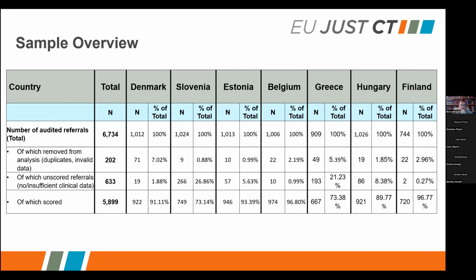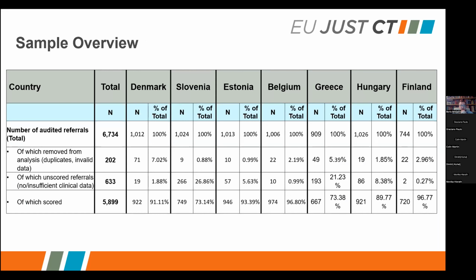And basically, we collected in the end, and this is the most important table, more than 6,700 CT referrals, of which 202 were removed from analysis because of duplicates or invalid data, and 633 were unscored due to no or insufficient clinical data.